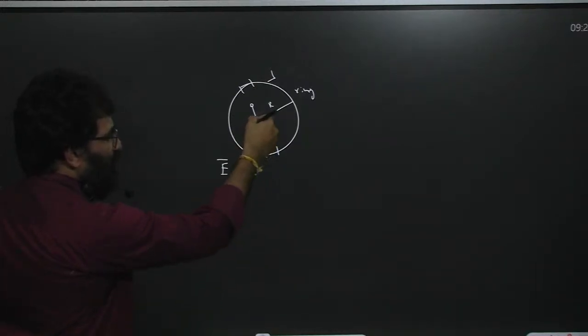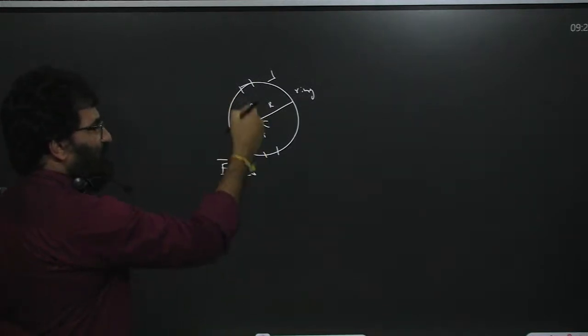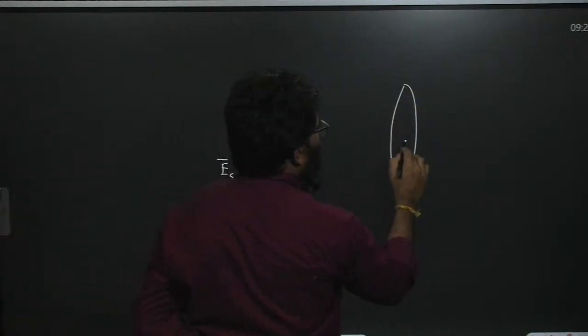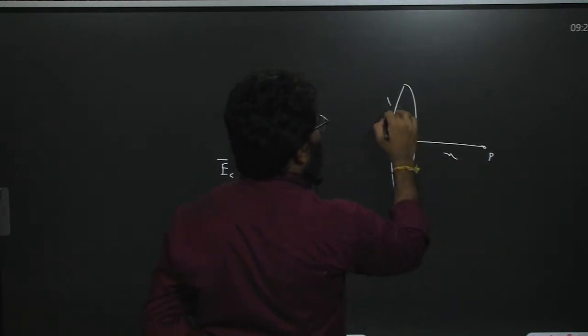Now when we are moving along the axis of the ring, passing through the center and perpendicular to the plane, at a distance x, say this is the ring, this is the center, and at a distance x this point is P. How to calculate? Lambda is given.